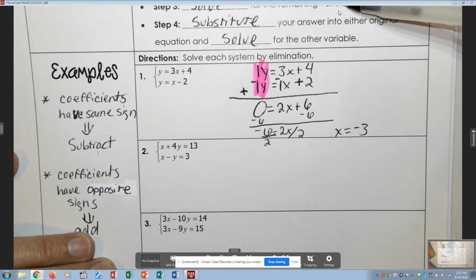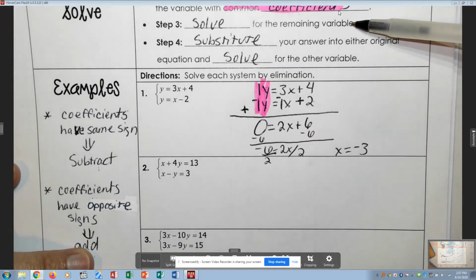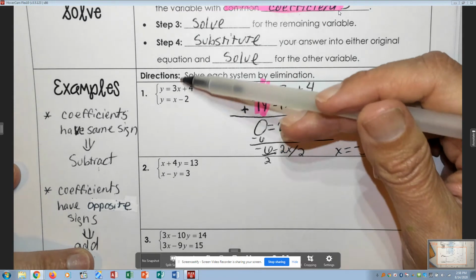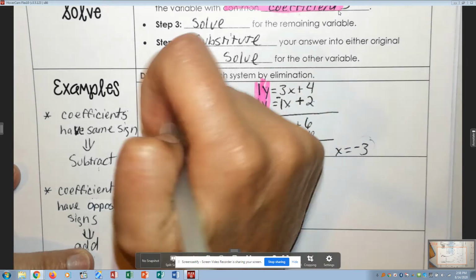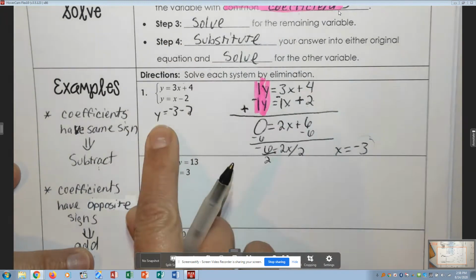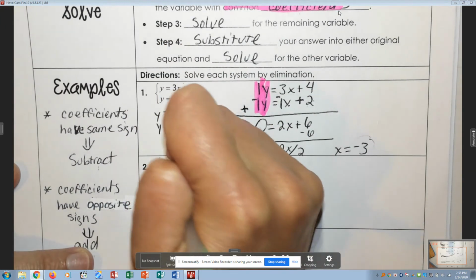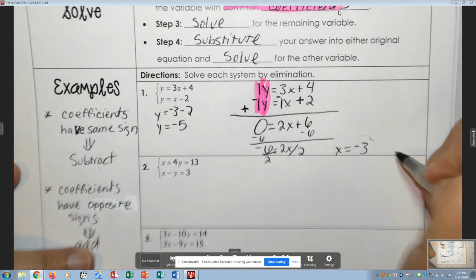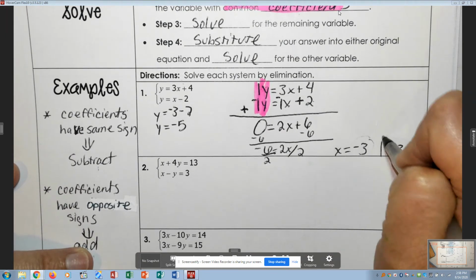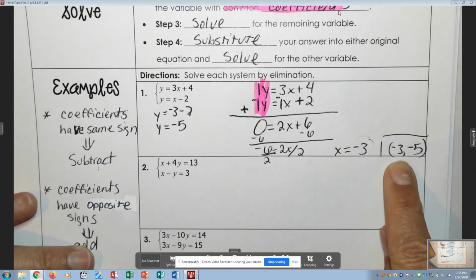All right, so we solved for that remaining variable. Now it's time to substitute negative 3 into one of these two equations. Let's plug it into this one because I don't think I'll have to do as much math. So y would be equal to negative 5. Okay, so negative 3, negative 5 is your point of intersection if I were to graph this.